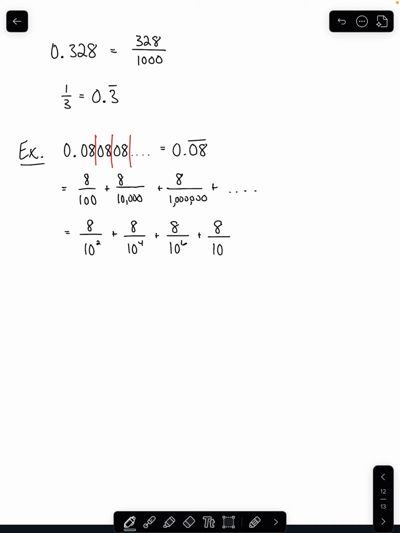And in this way, the pattern becomes a bit more obvious. If we look closely, though, this is a geometric series where the first term is 8 over 10 squared.